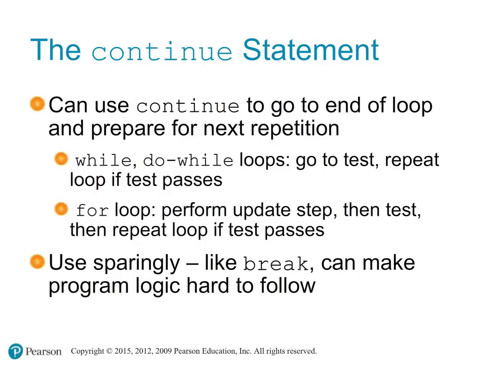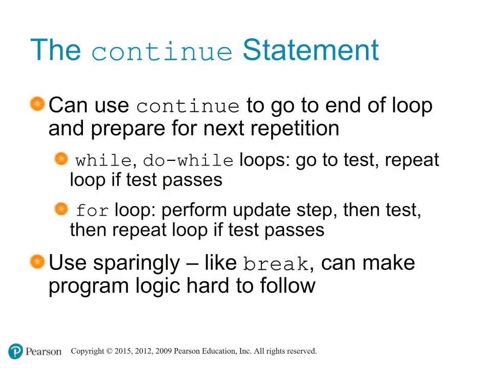When continue is encountered, the loop jumps to its end, skipping any code that follows within the loop. For while and do-while loops, after continue, the loop condition is immediately re-evaluated. For the for loop, the update step is executed, and then the loop condition is re-evaluated.